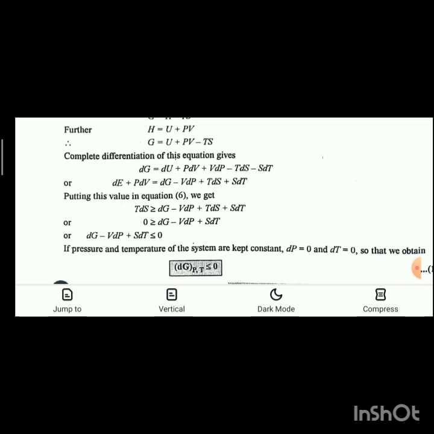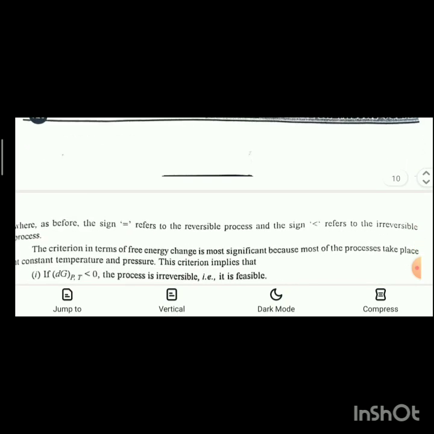Putting these values in equation 6, we get 0 is greater than or equal to dG minus VdP plus SdT. If pressure and temperature of system are kept constant, dP and dT equal 0, so that dG at constant pressure and temperature is smaller than or equal to 0.